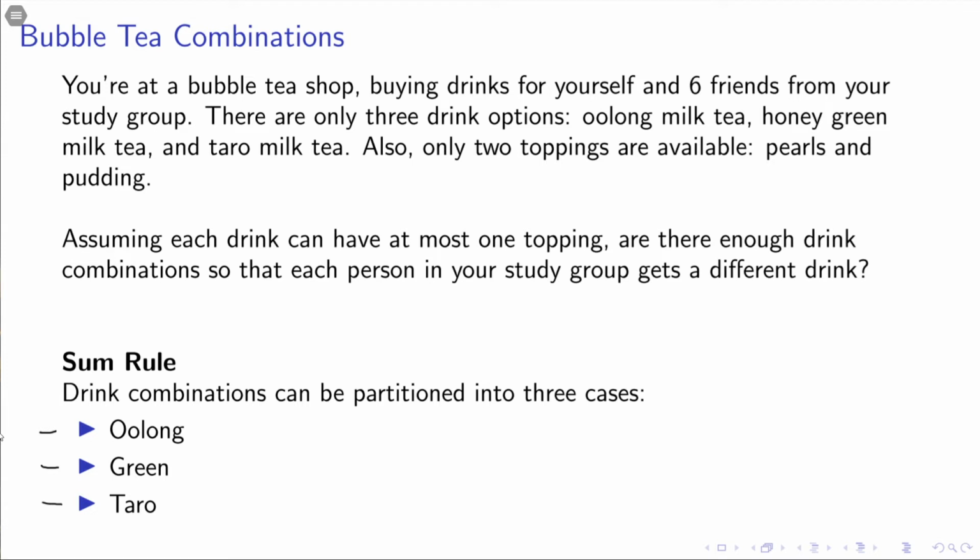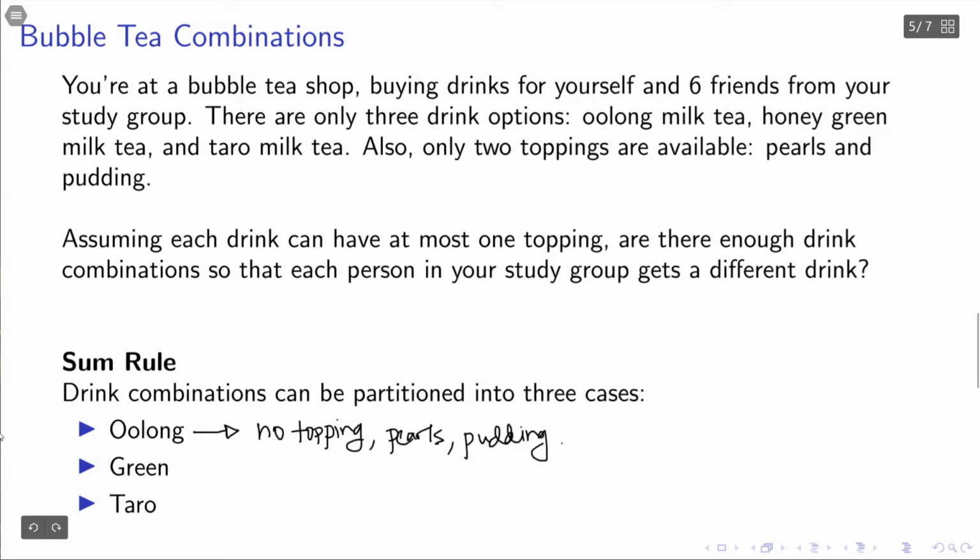So for instance, starting from oolong as the base drink, there are 3 possibilities, right? It's either you have an oolong milk tea with no topping, you can have it with pearls, and you can have it with pudding.